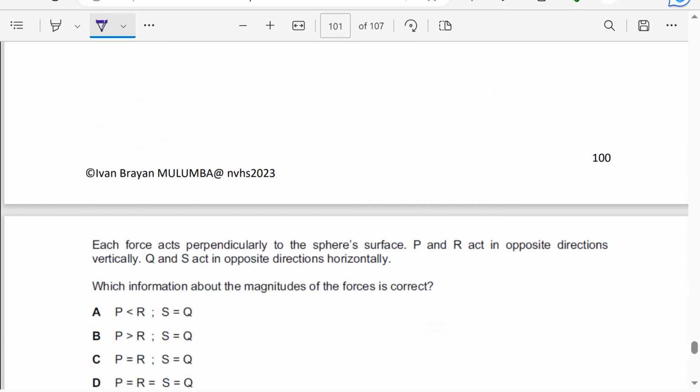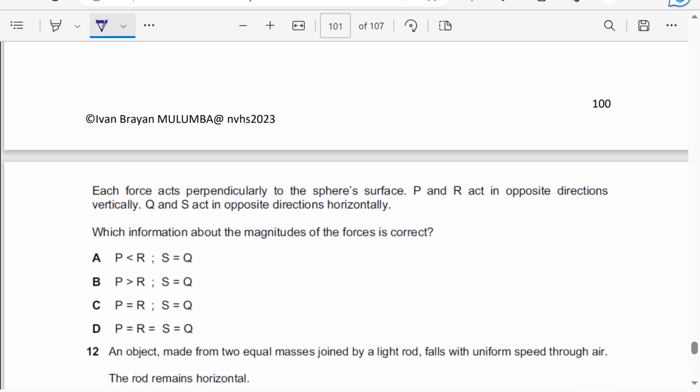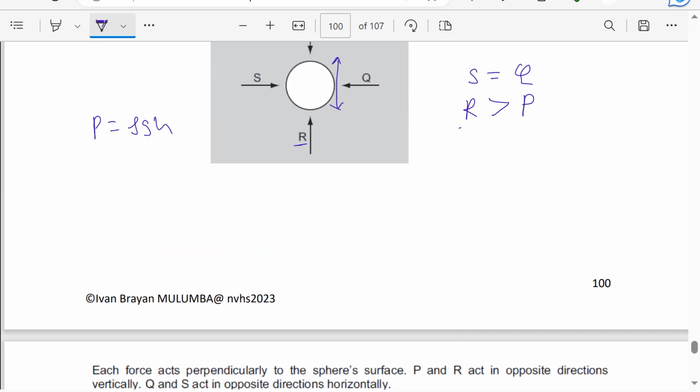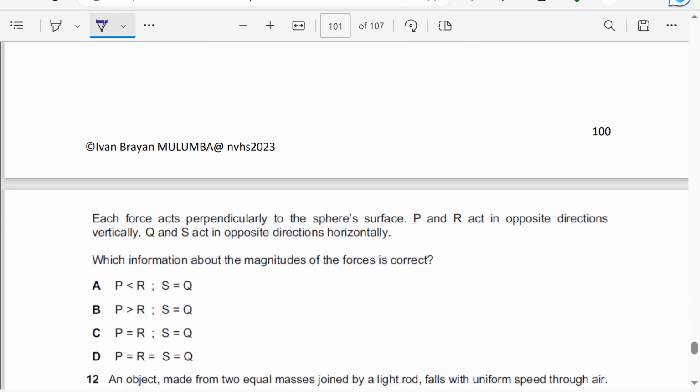Let's check the question. Each force acts perpendicular to the surface of the sphere. P and R act in opposite directions vertically. Q and S act in opposite directions horizontally. Which information about the magnitudes of the forces is correct? So we have said S is equal to Q. But we also said R is greater than P, or P is less than R. So let's check.